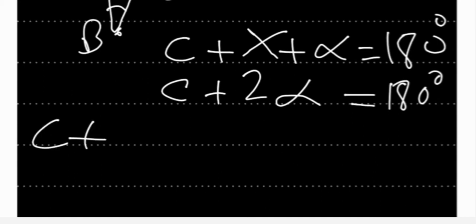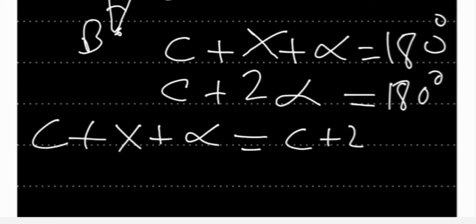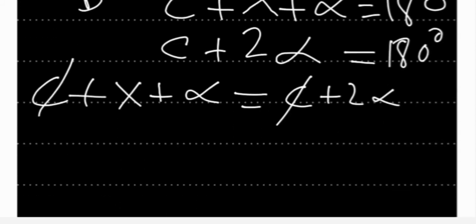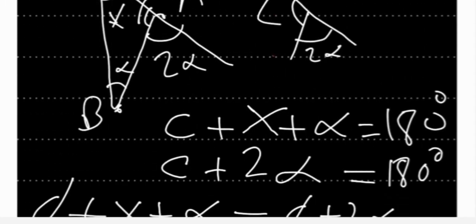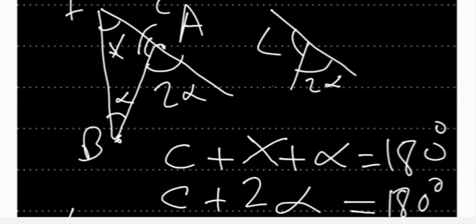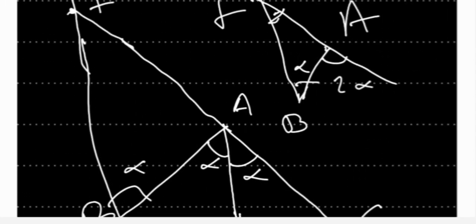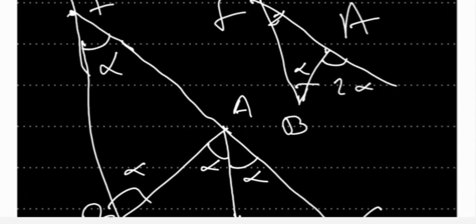So C plus X plus alpha is equal to C plus 2 alpha, right? So C here and C here, and so alpha is equal to X, and this is the external angle theorem, that this plus this is equal to this, okay?